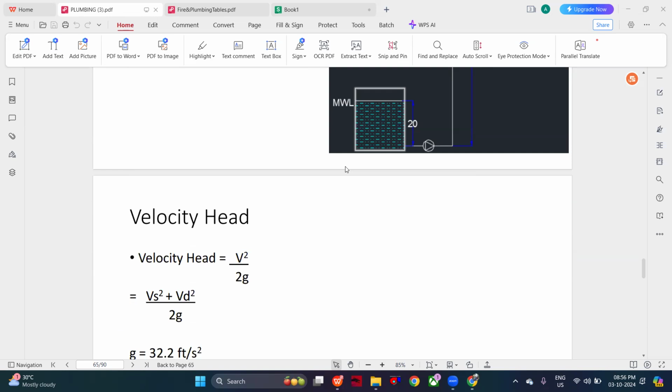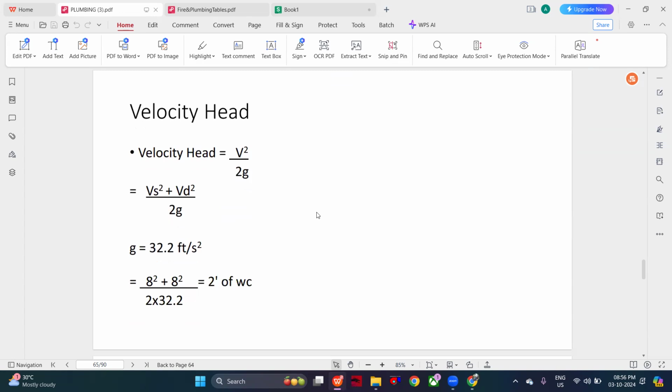Then I have one velocity head. The velocity head has the equation v square by 2g, where v is the velocity. I split it in two: suction and discharge. There are two sides, right?